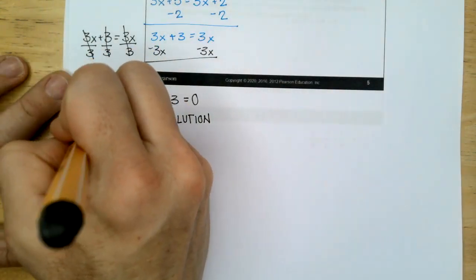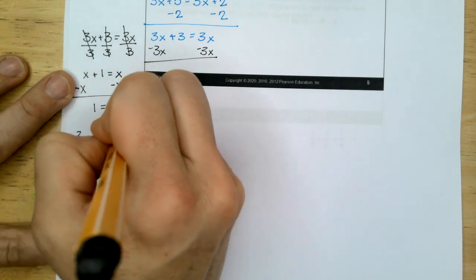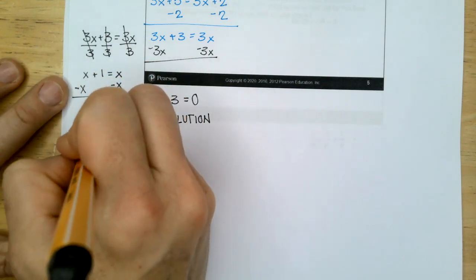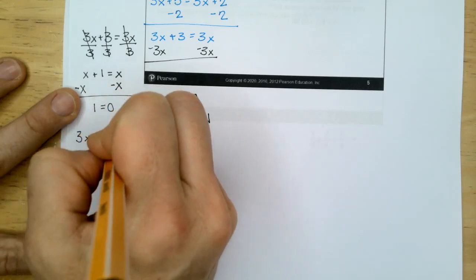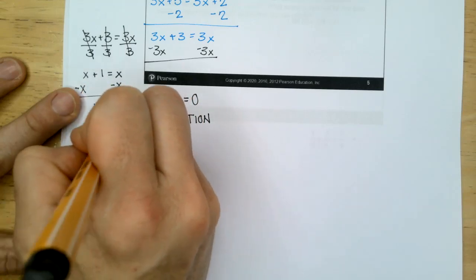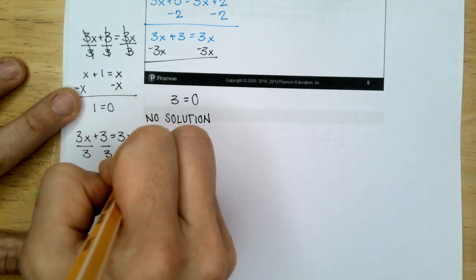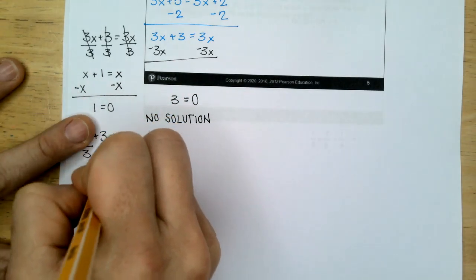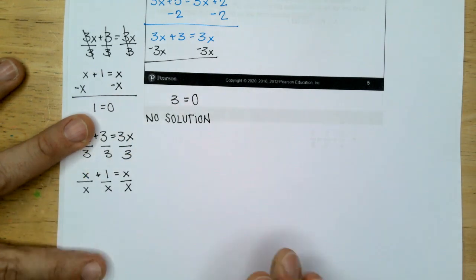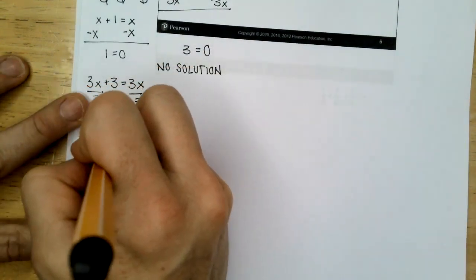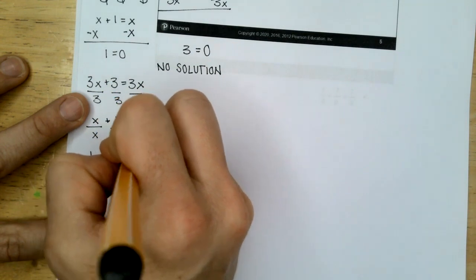Or you have 3x plus 3 equals 3x. And then you change it, you divide by 3, divide by 3, divide by 3. You get x plus 1 equals x. You divide by x, divide by x, divide by x, right? Then you get 1 plus 1 over x equals 1.